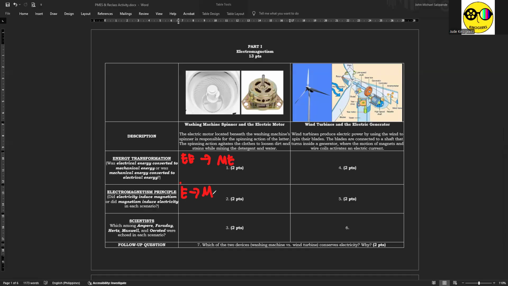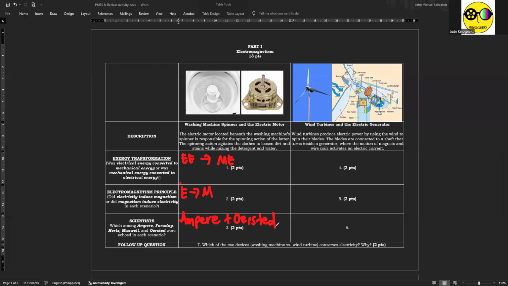The contributions of the scientists were echoed in this scenario. We have five scientists that were instrumental in the conceptualization of electromagnetism: Ampere, Faraday, Hertz, Maxwell, and Ørsted. In this case, you have Ampere and Ørsted.